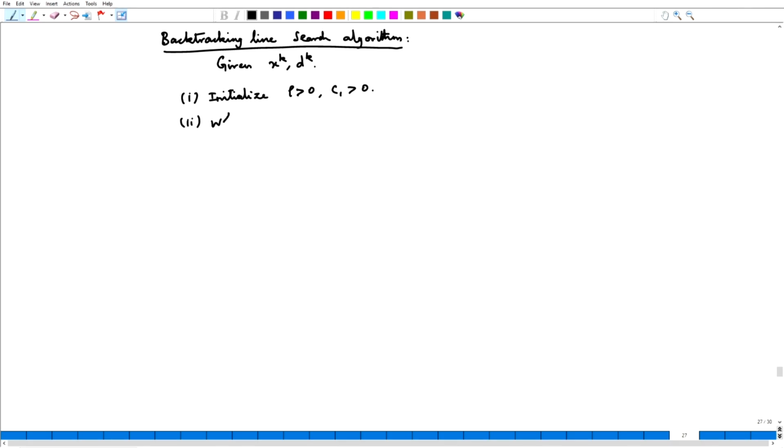Now, we are actually running a loop while f of x k plus alpha d k minus f of x k is less than C1 alpha del f of x k transpose d k.